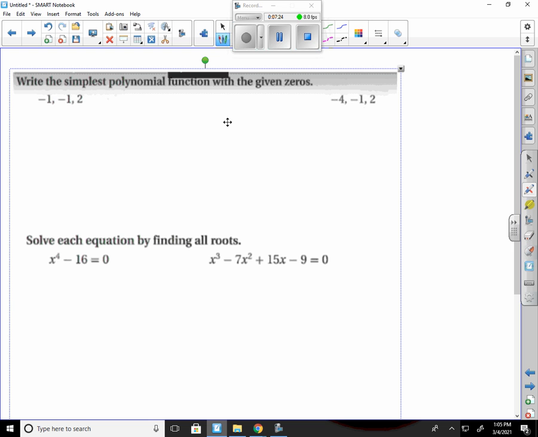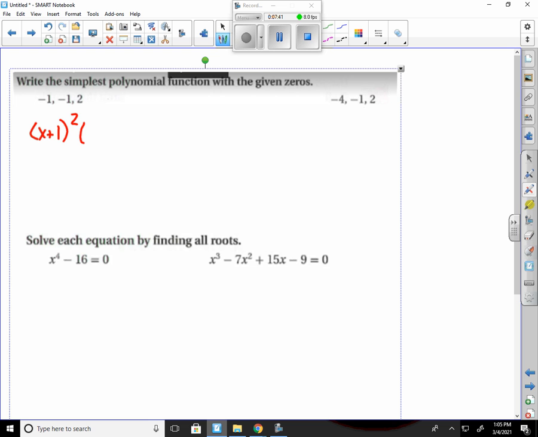Okay. Next was write the simplest polynomial function with the given zeros. So we start by flipping our signs, x plus 1. And because this is a minus 1, it's got a multiplicity of 2, so that's really x plus 1 squared.